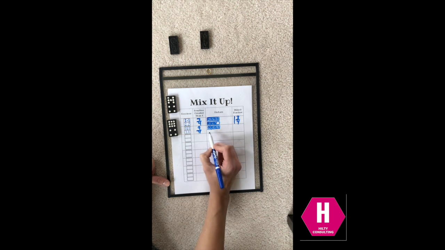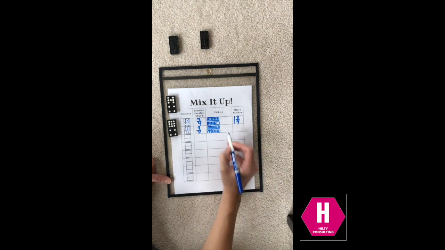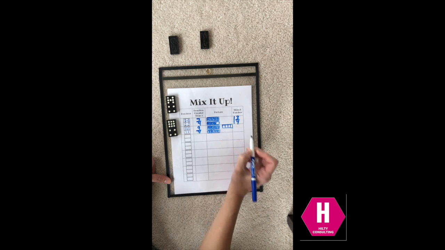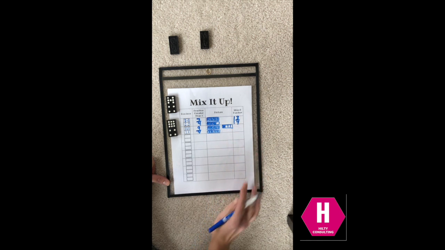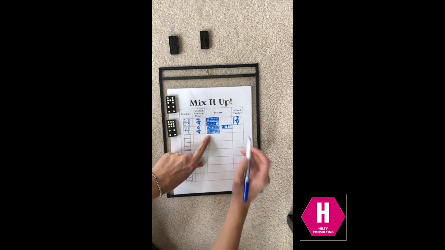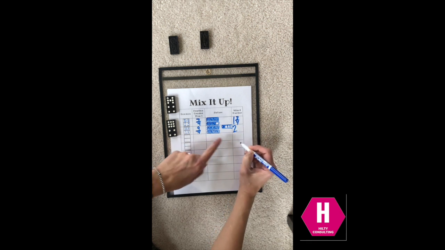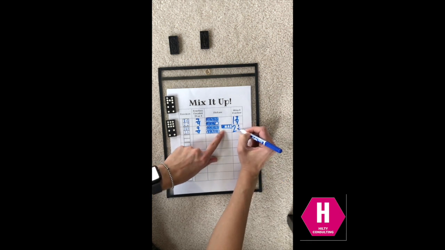I need 9, so I need another whole. If I draw another whole, partitioning it into fourths, I've only shaded in 8 fourths. I need one more fourth. Drawing about the same size whole. We want it to be the same size. We have 4, 8, 9 fourths. How many wholes have I shaded in? I have shaded in 2 wholes and 1 fourth.